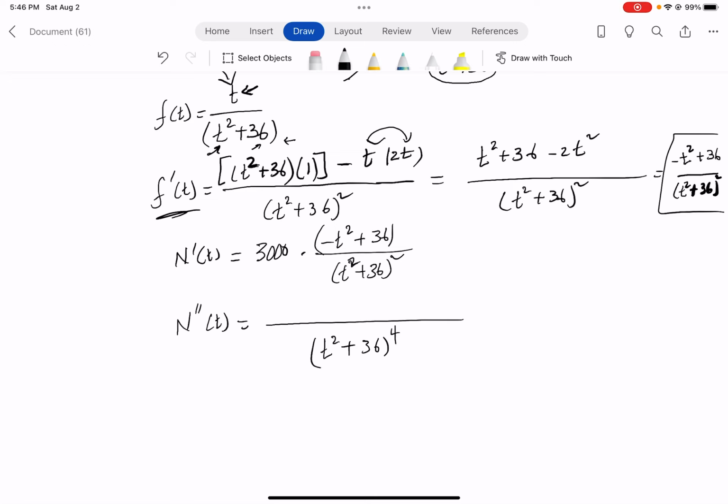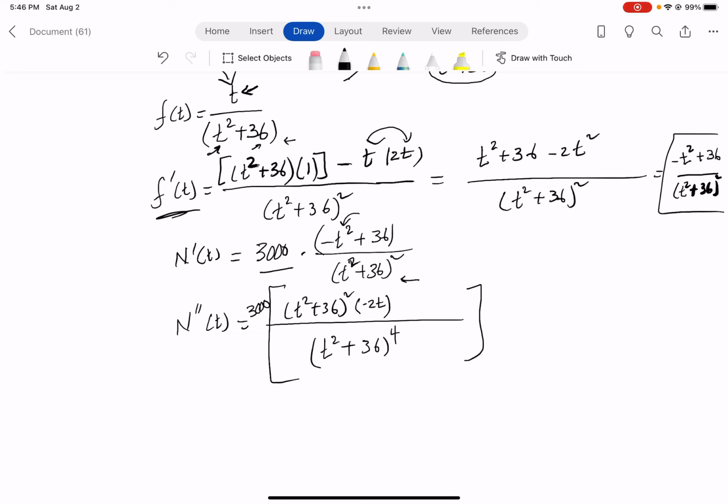And now we put the bottom, t squared plus 36 squared, times the derivative of the top. We have to make sure there's a 3000 here, so we leave the 3000 outside, multiplied by the whole thing. The derivative of the top is minus 2t. Don't worry about 36, its derivative is 0.